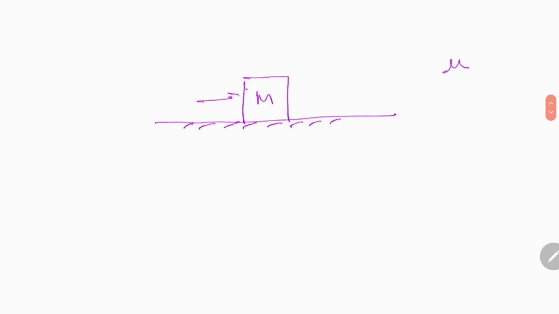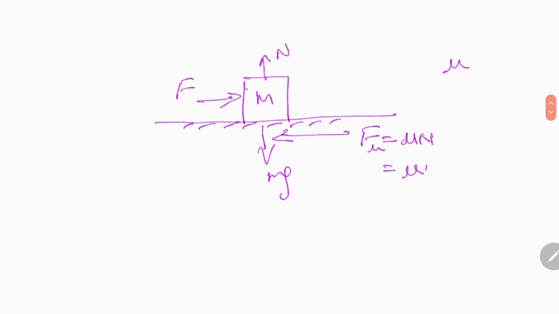And let us say again I'm applying a force F along the horizontal direction. And what is the maximum frictional force? We know the maximum frictional force will be equal to mu N, and N is nothing but mg, right? So it will be mu mg. So this is your maximum frictional force.